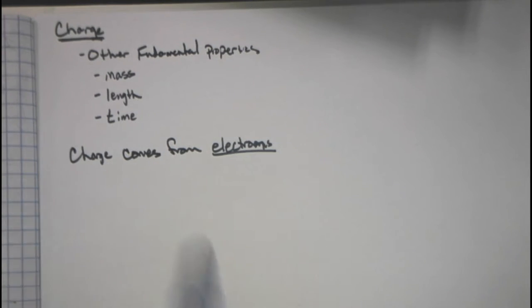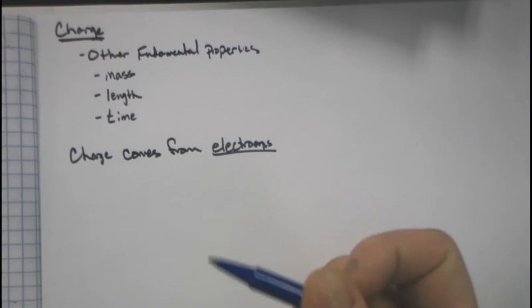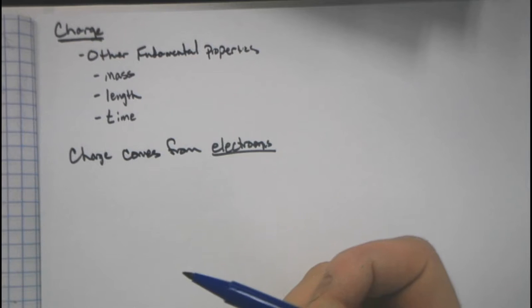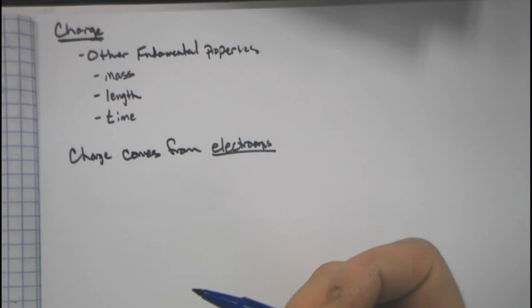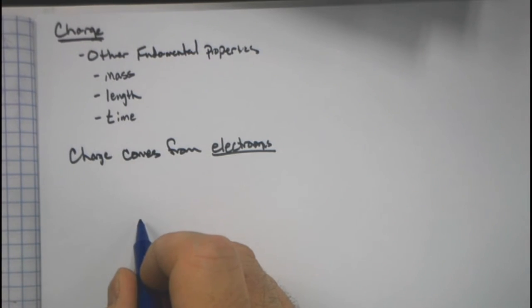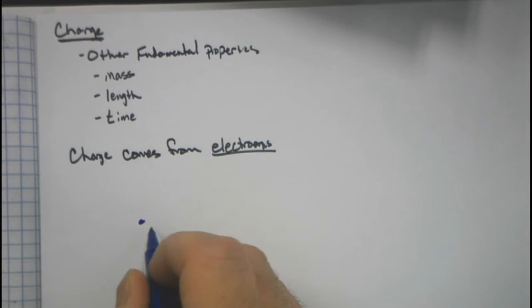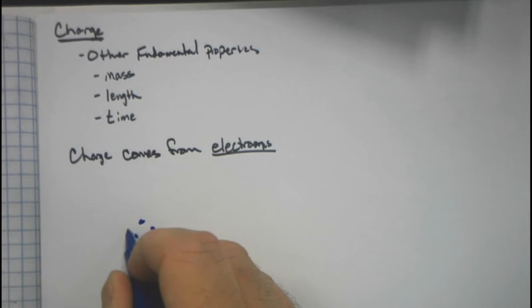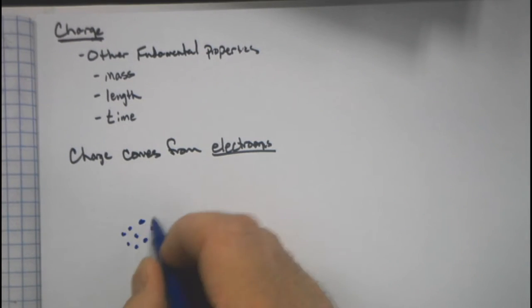So, all matter in the universe, or most matter in the universe, that's not a subatomic particle, is made of atoms. And in the center of an atom, we have two different kinds of particles.